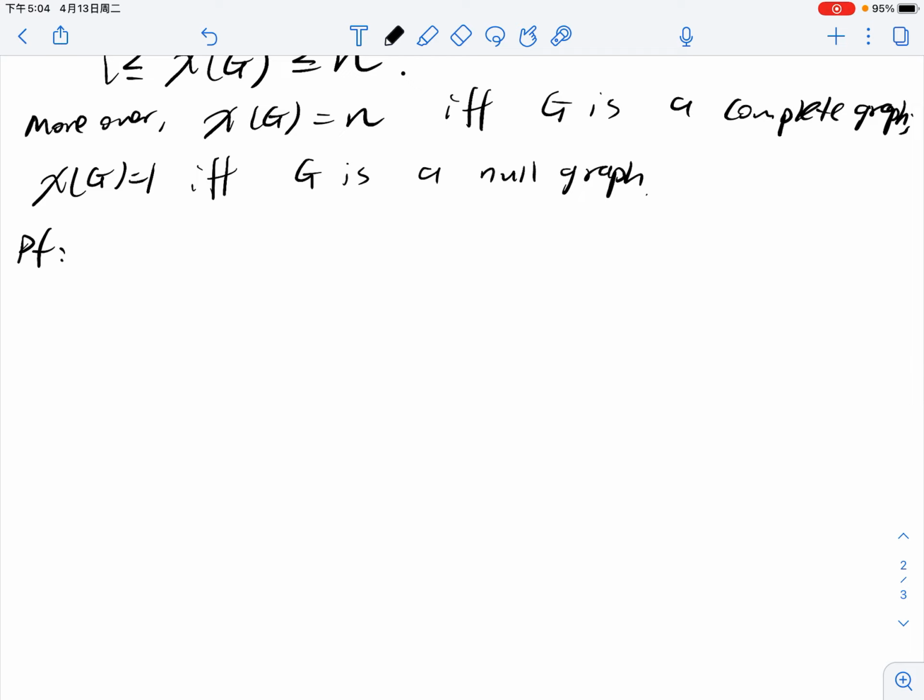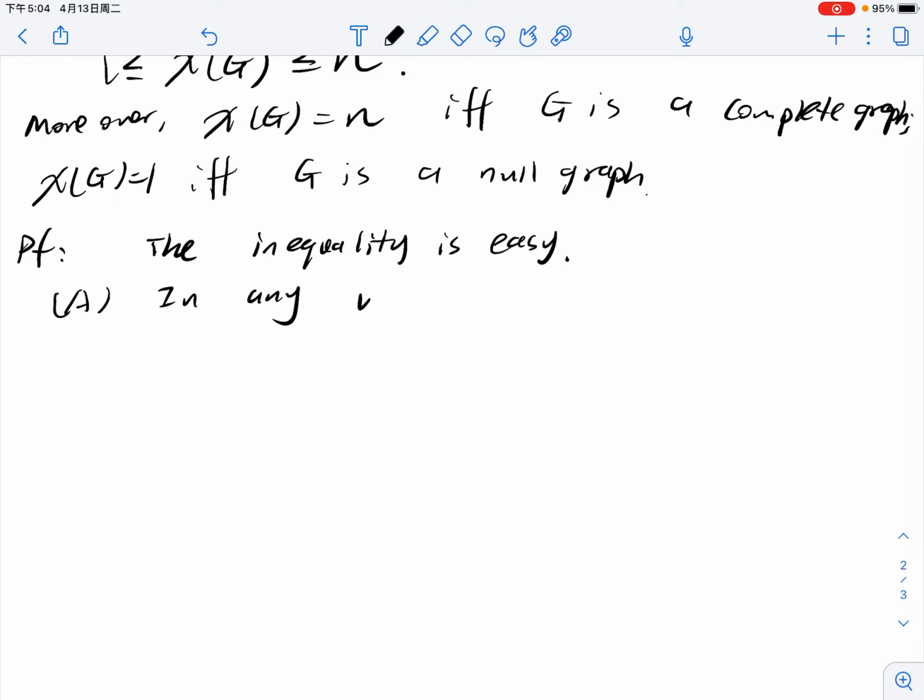So first, the inequality is easy. And we will just skip the proof and only focus on the moreover part. And for the moreover part, we first look at if G is a complete graph.